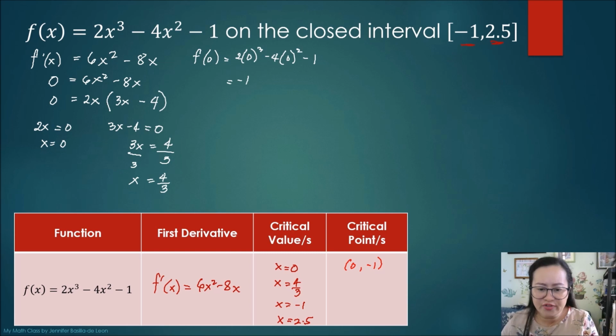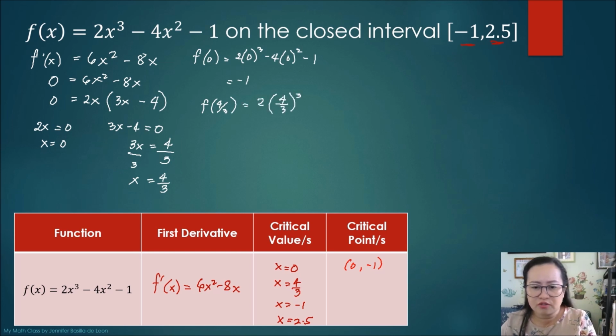Now for 4/3, we will have f of 4/3: 2 times 4/3 raised to the third power minus 4 times 4/3 raised to the second power minus 1. And then the cube of 4 is 64, and the cube of 3 is 27.